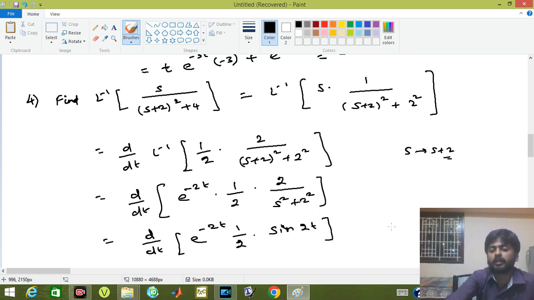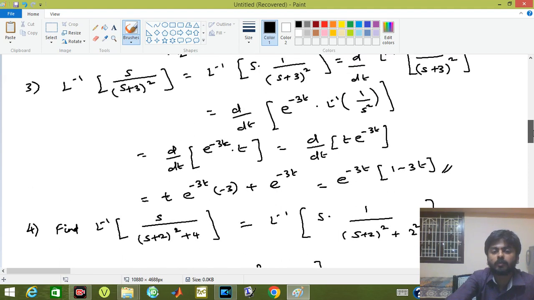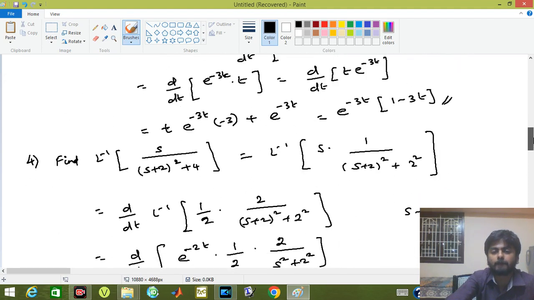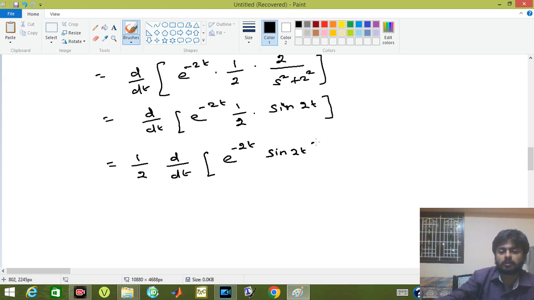So here you can take sine 2t and e power minus 2t inside the differentiation, 1 by 2 outside. So the answer is 1 by 2 into d by dt of e power of minus 2t into sine 2t.